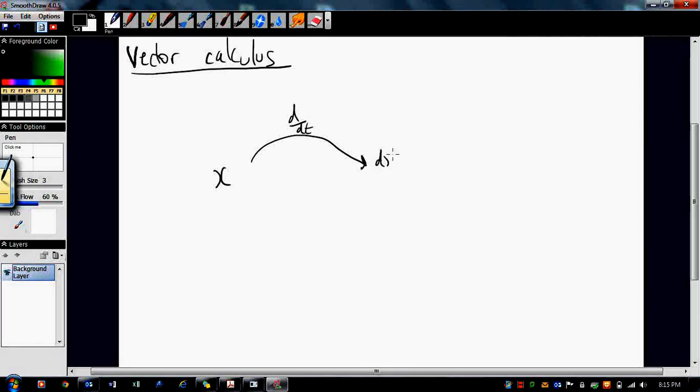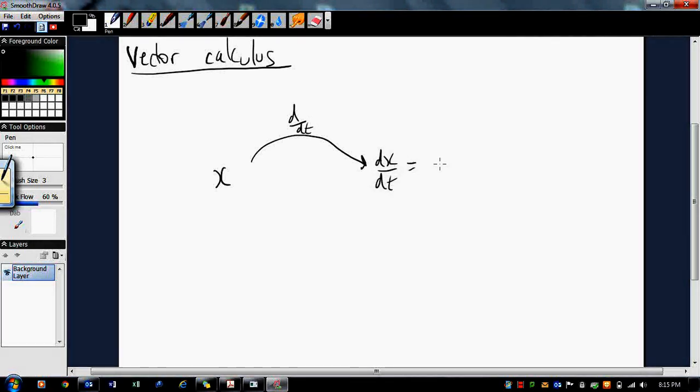We end up with dx/dt, which is velocity. Velocity is the change of position with respect to time.